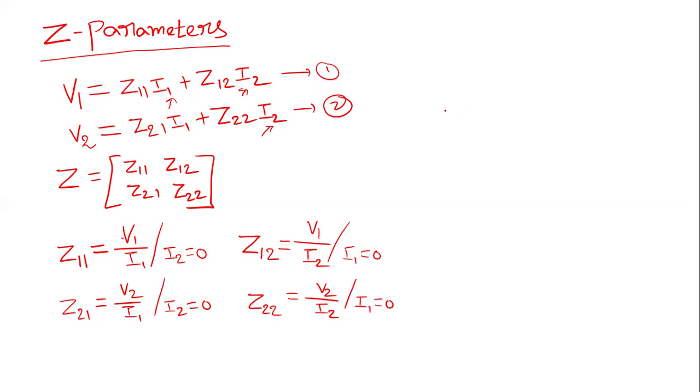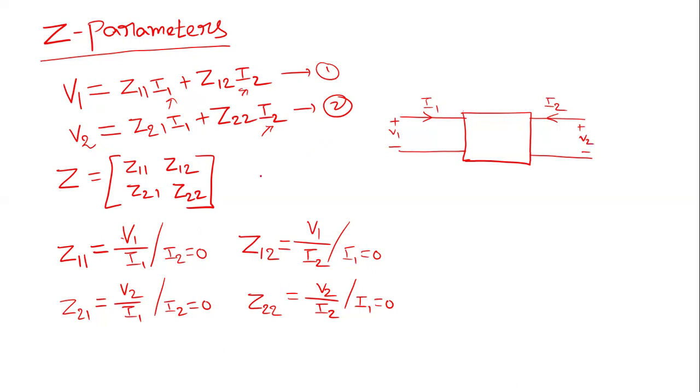For a given two-port network, we always consider the two-port network model. This is one port; a pair of terminals represents a port. This is another port, the output port. Here we represent input voltage as V1, input current as I1, this current as I2, and this voltage as V2.